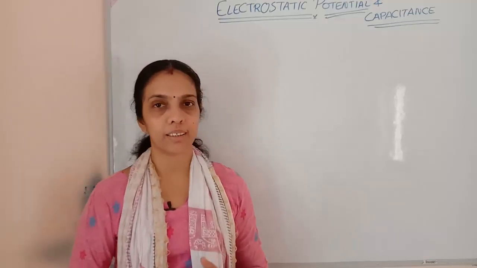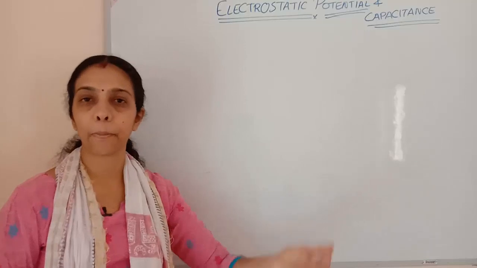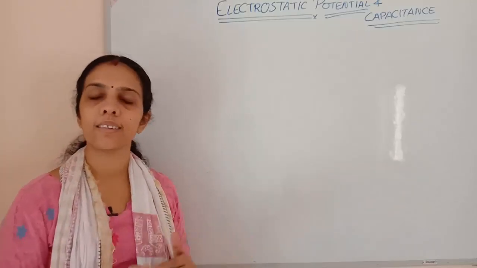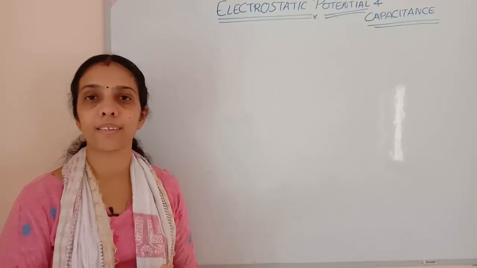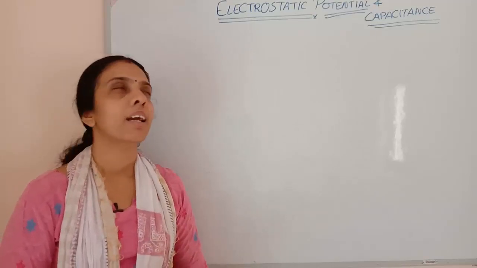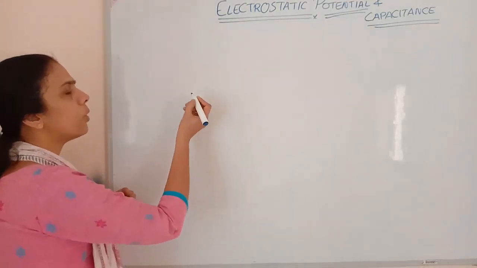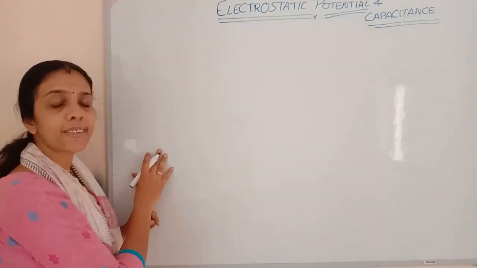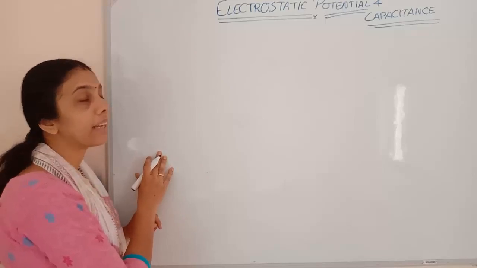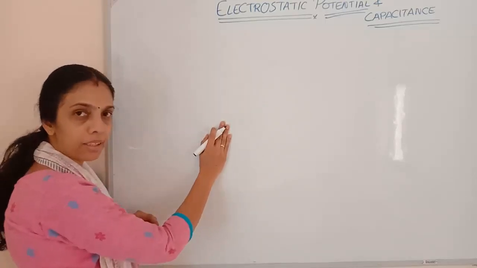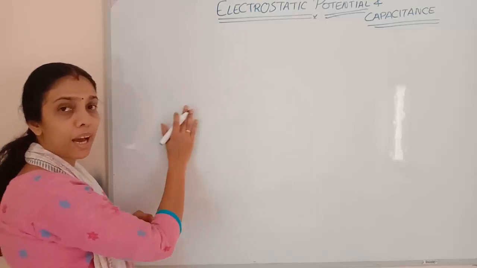Up to there we learned, and also how we can convert two conductors into a capacitor. Now we are going to study the capacitance of a parallel plate capacitor. Yesterday I told you a parallel plate capacitor means two conductors parallel to each other.